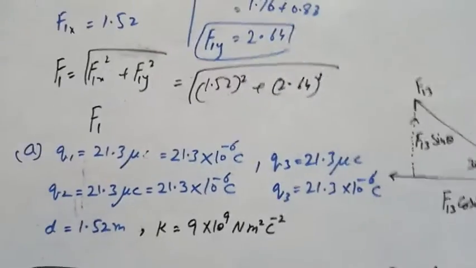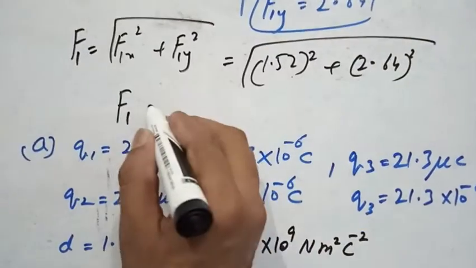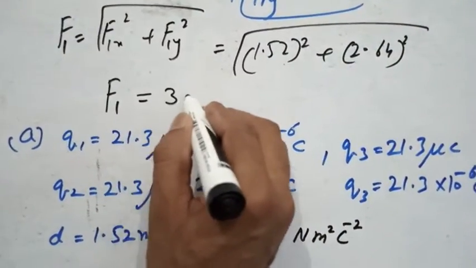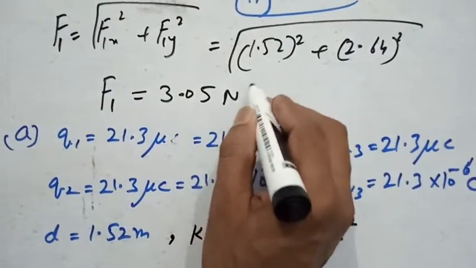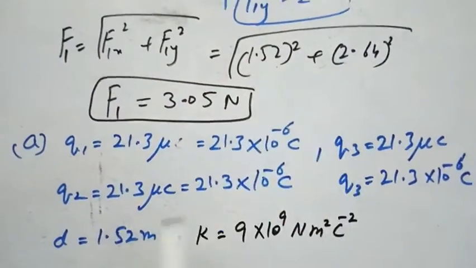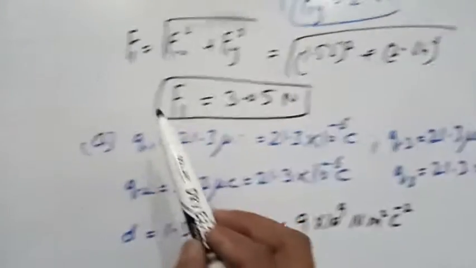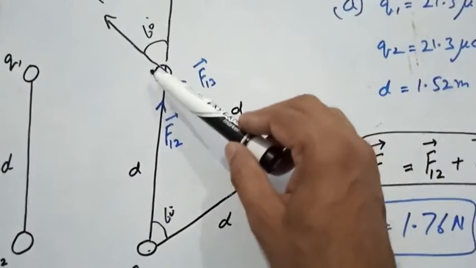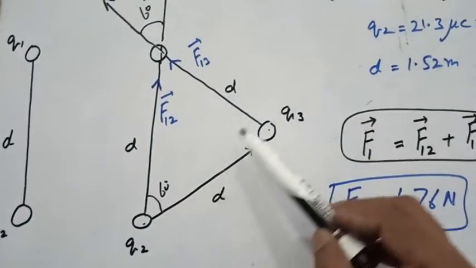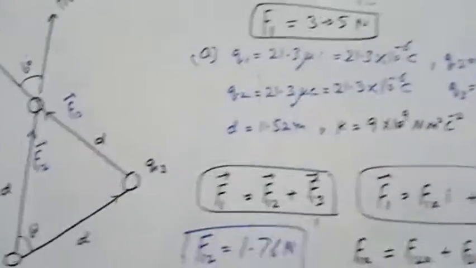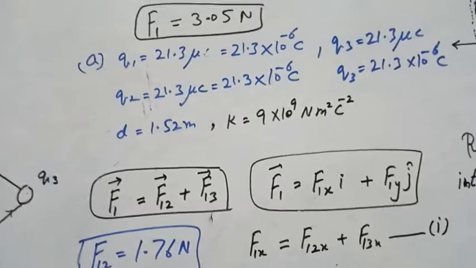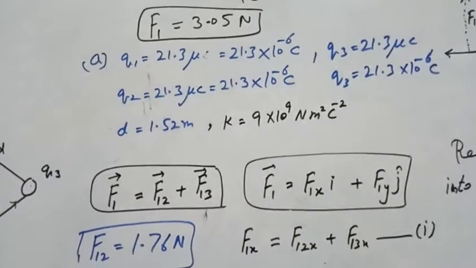After calculations, the final answer is F1 equals 3.05 newtons. This is the magnitude, the strength of the net force acting on charge Q1 by charges Q2 and Q3. So this is the required solution of this numerical problem.